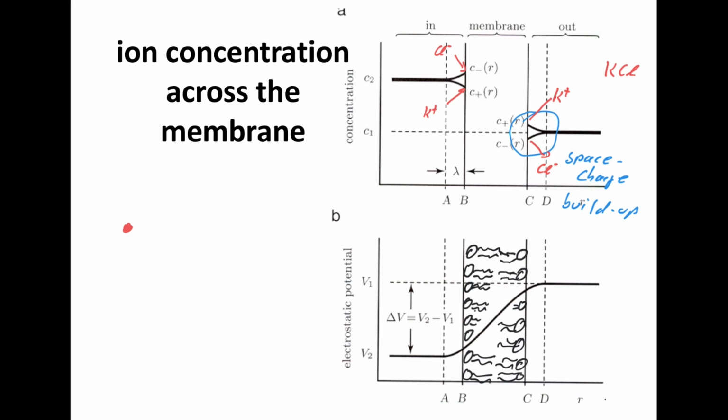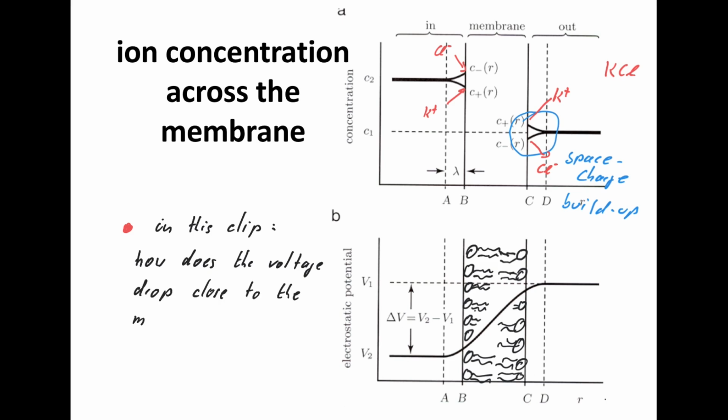Now, the question that we are asking is, this charge build-up that we see here, how does this lead to the voltage drop, and how can we describe in more detail the voltage drop of delta V across the membrane?